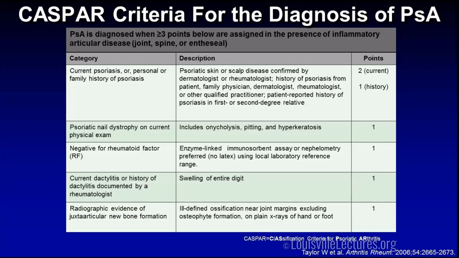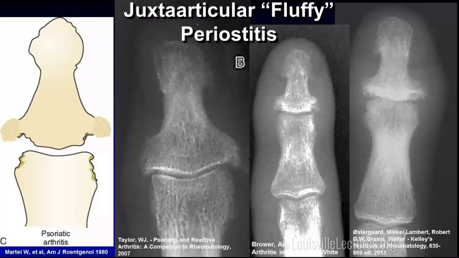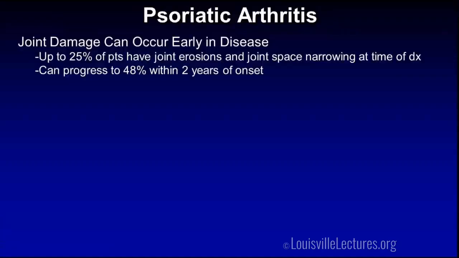So if you think a patient has inflammatory arthritis, and they have evidence of psoriasis, that's very strong evidence that you're probably looking at psoriatic arthritis. And this is the juxtaarticular fluffy periostitis, just this ill-defined ossification that occurs at the joint margins.